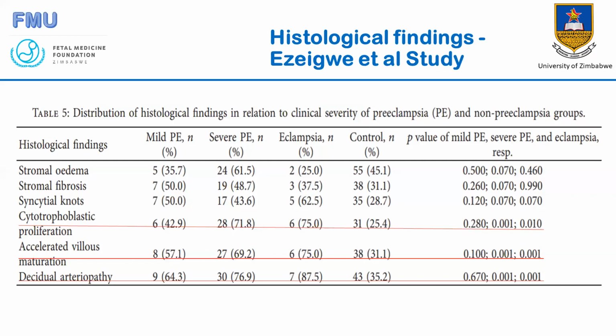Then for the accelerated villus maturation, it was statistically significant again for the preeclamptic and the eclamptic groups with p-values of 0.01. Then for decidual arteriopathy, it was statistically significant, the manifestation in the eclamptic as well as the severe preeclamptic groups with respective p-values of 0.01.